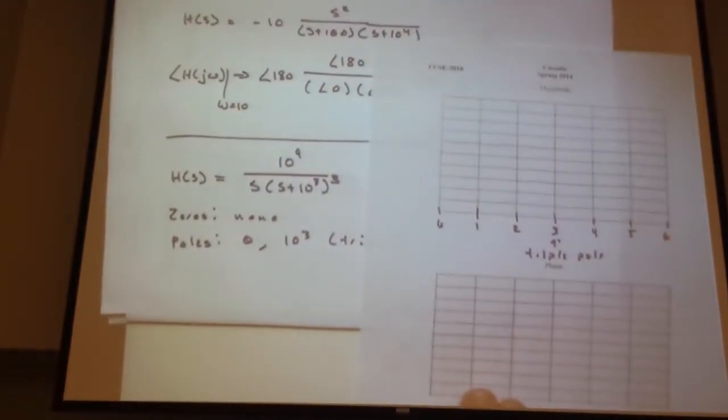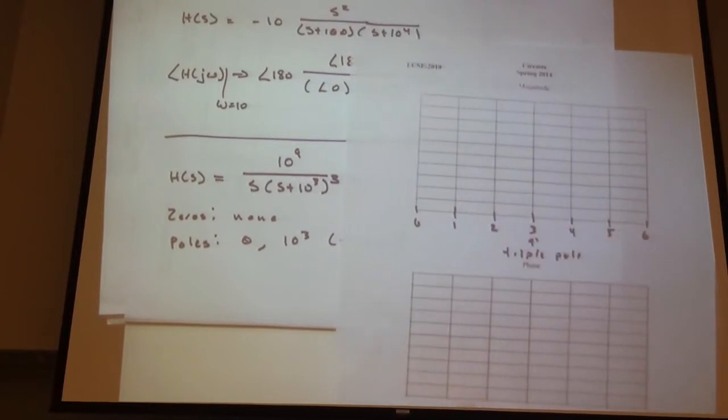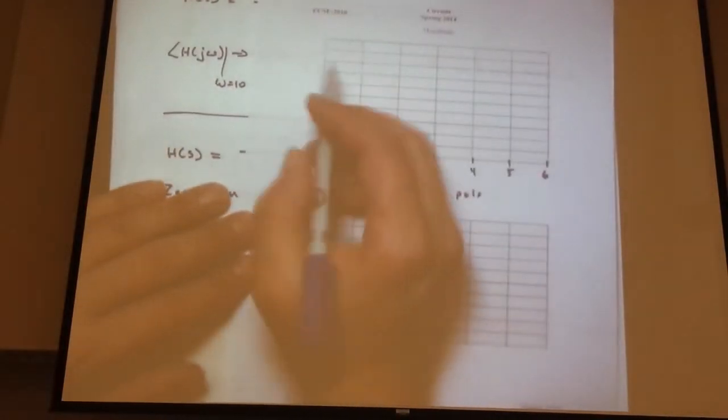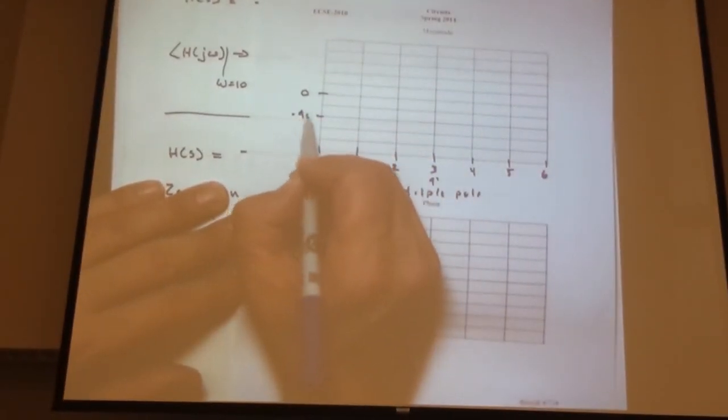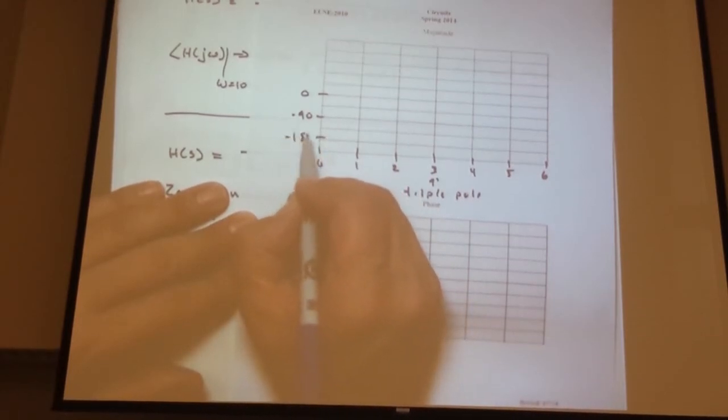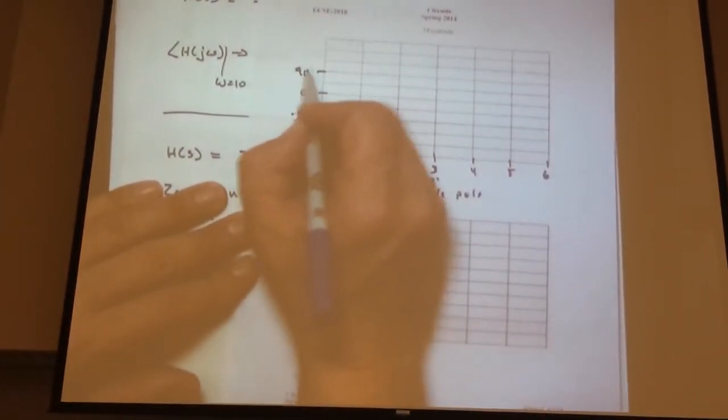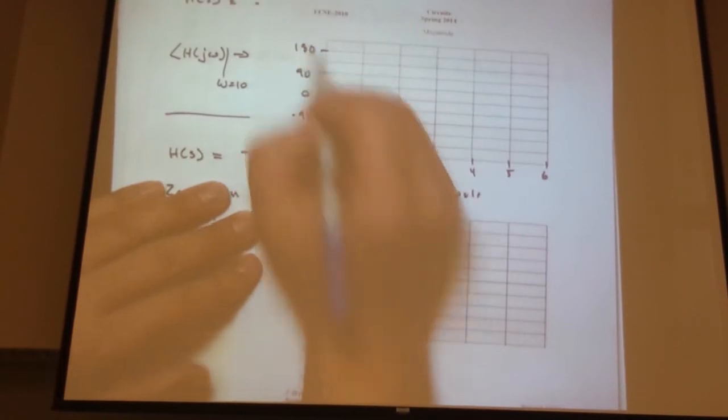Well, for s less than 10 to the 3, what's my phase? Should be able to do by inspection. Negative 90. So there's 0, there's minus 90, minus 180, 90, 180, that's a full circle.